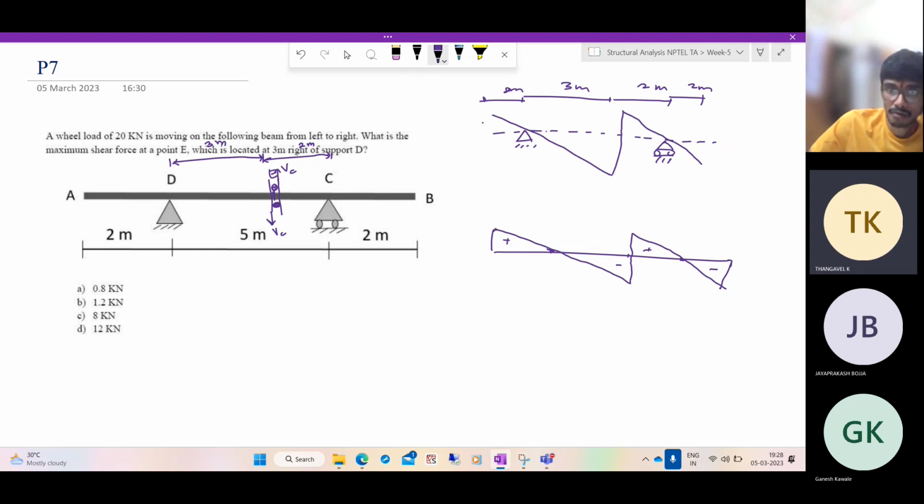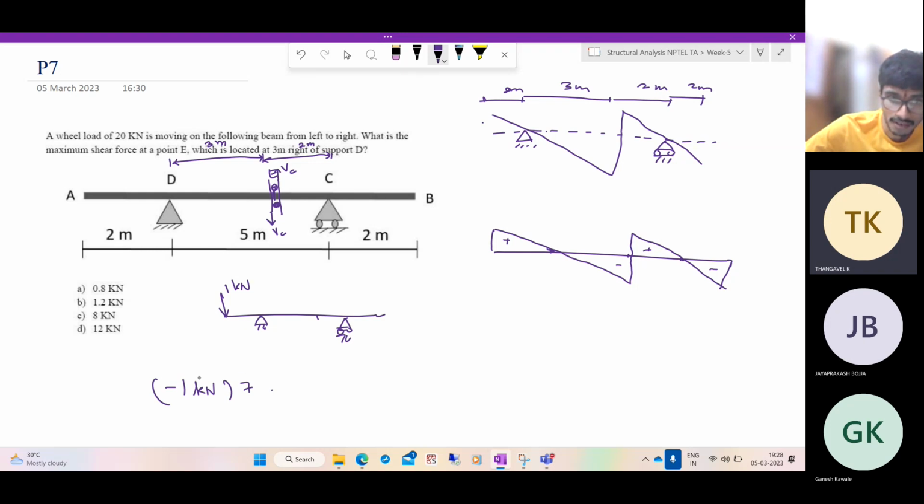So what is the value at this point? It is nothing but when the beam is loaded here. It's 5, 2, 2, 3. So when we apply a force of 1 kilonewton here, what will be the shear force? Let us do it. Let's take moments about the point C equal to 0. We'll get -1 kilonewton into 5 plus 2, which is 7.